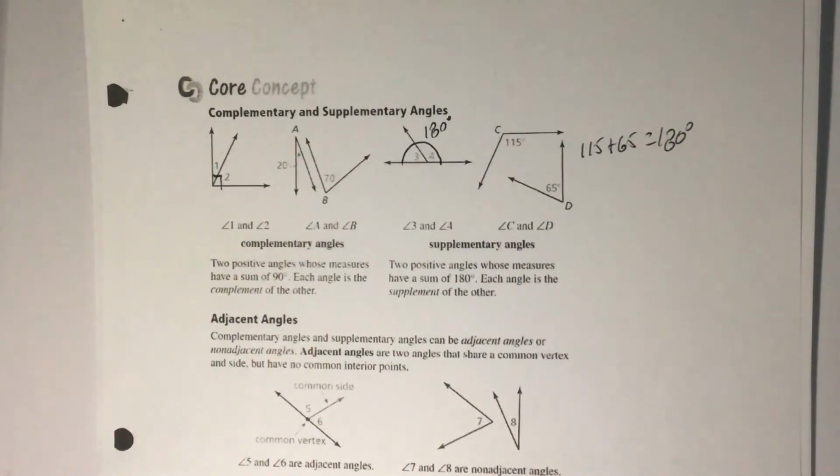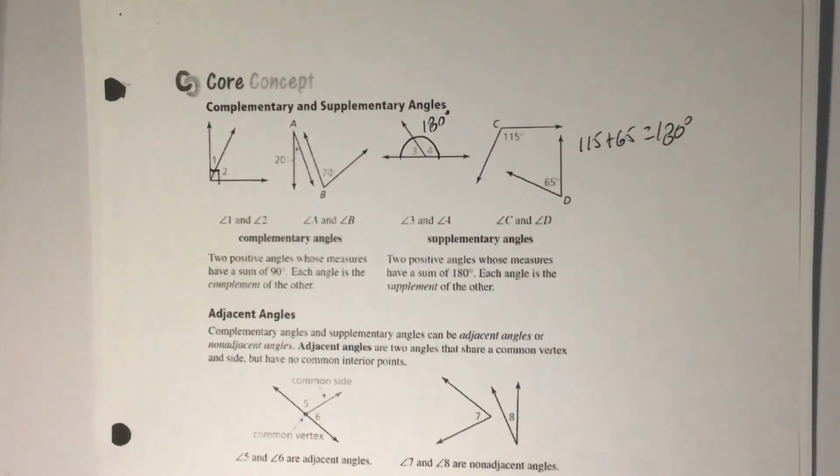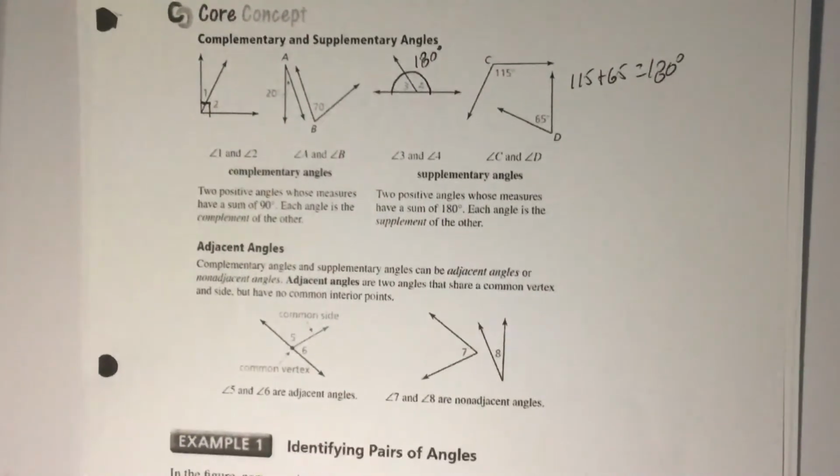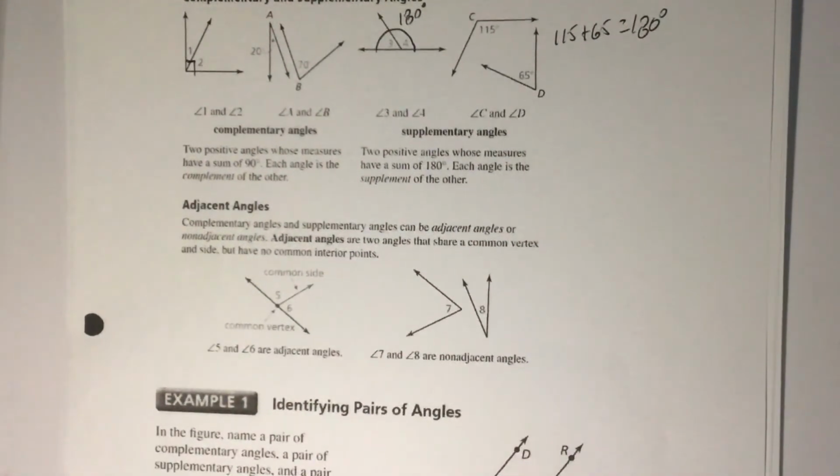Now let's take a look also at this next one over here. Adjacent angles, okay? The definition of adjacent angles is basically two angles that share a common vertex and a side, but have no common interior points.